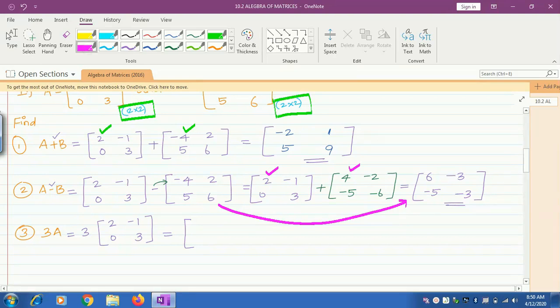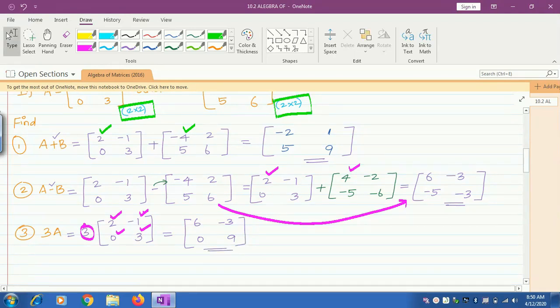So this 3 you have to multiply with each and every element. So all the elements are multiplied with 3. So the answer is 6, minus 3, 0 and 9. So this is your answer.